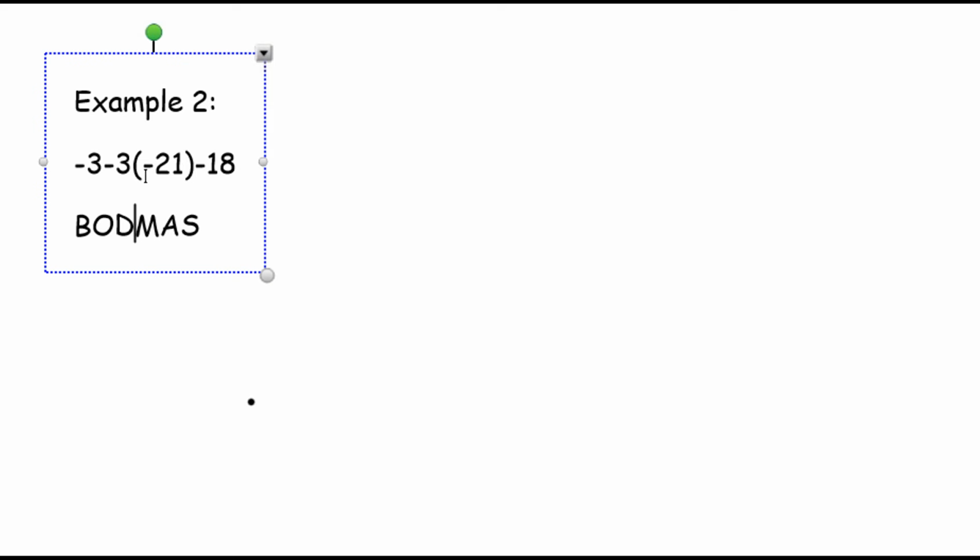If you remove this bracket, we have times here, so the first task is to multiply minus 3 times minus 21. So I have minus 3, minus times minus is plus, plus 3 times 21 is what? 63.